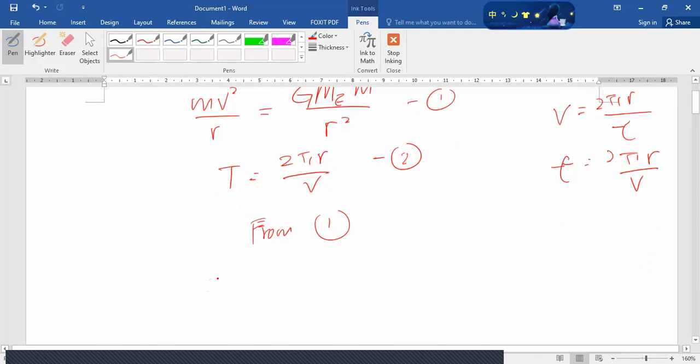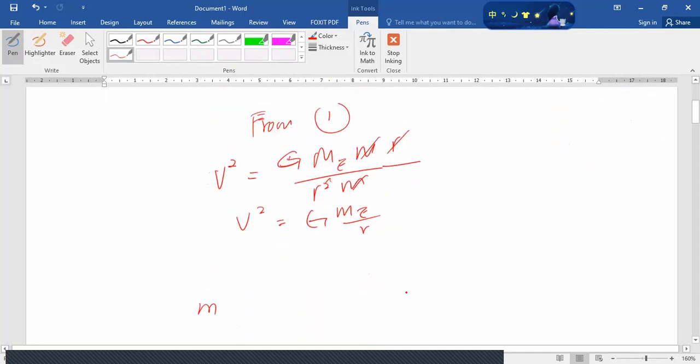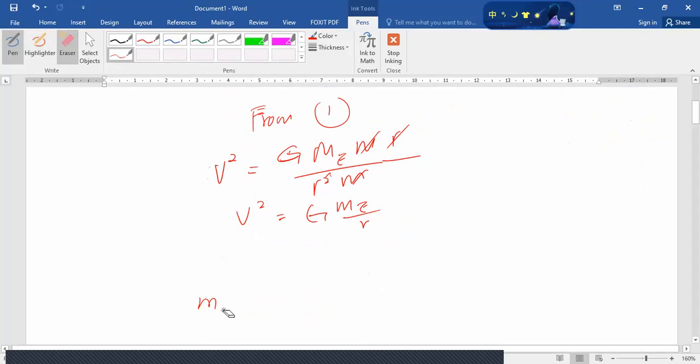V squared is equal to G M E m over R squared, divided by m divided by R. So V squared will be equal to G M E, m cancels, and this cancels with R, M E over R. So from the calculation, we get that V is equal to the square root of G M E over R.